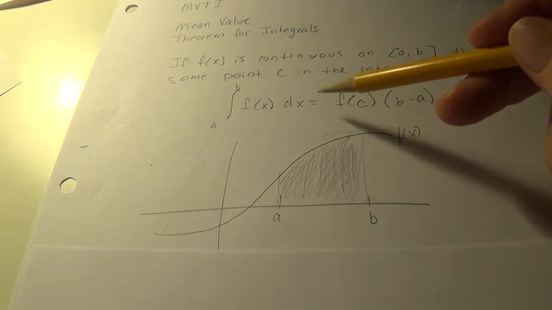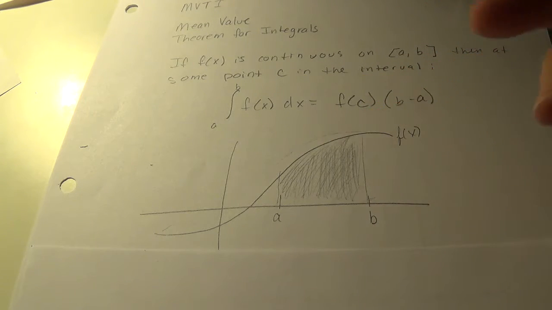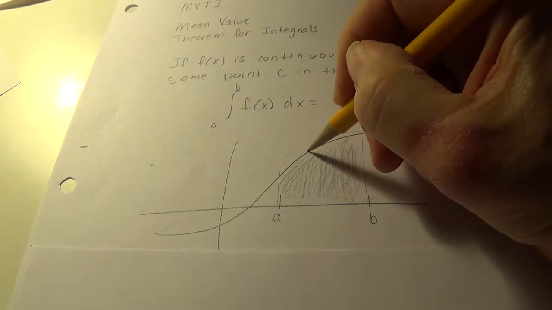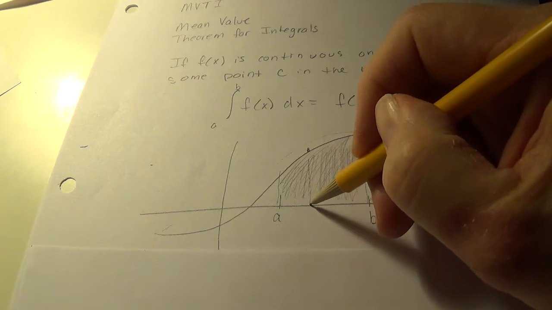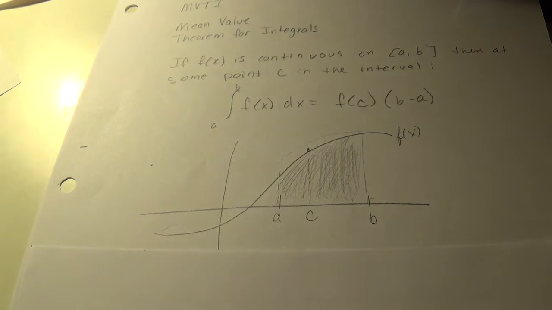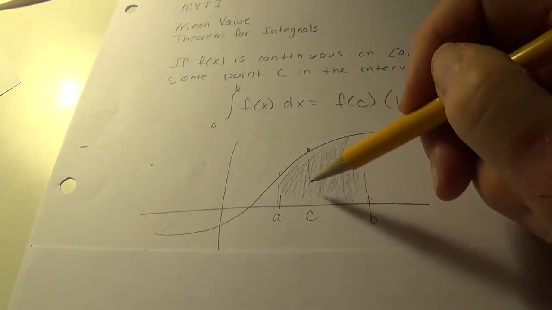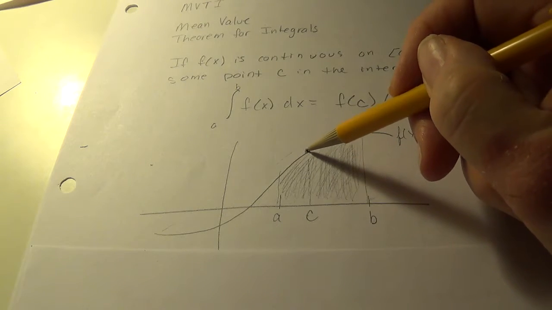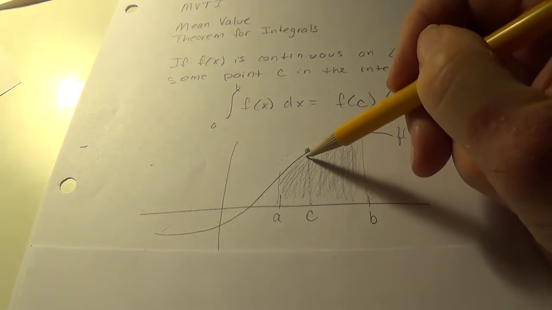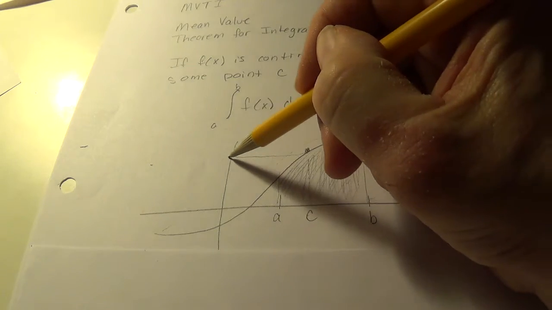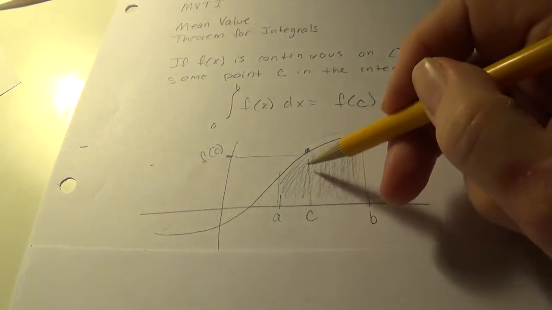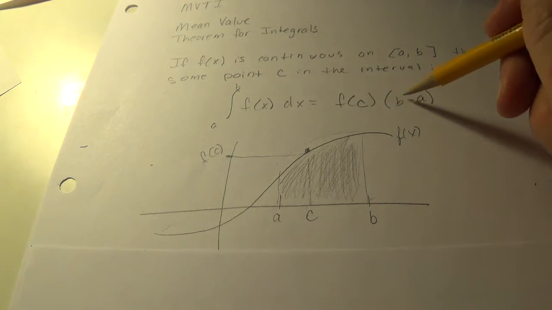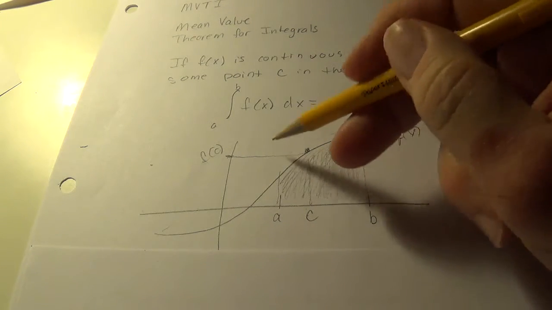But it can equal some value c in between, say the c is right here, such that the function evaluated at c, so that's the height of this line, we can read it over here, here's f of c, times this distance b minus a.